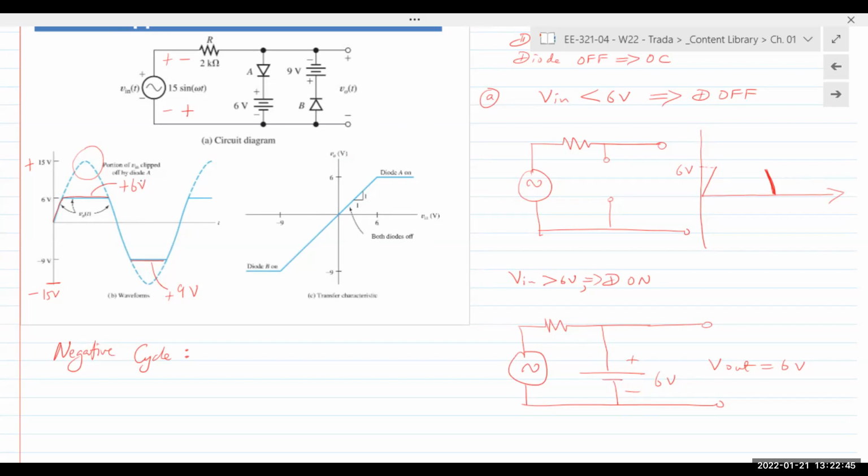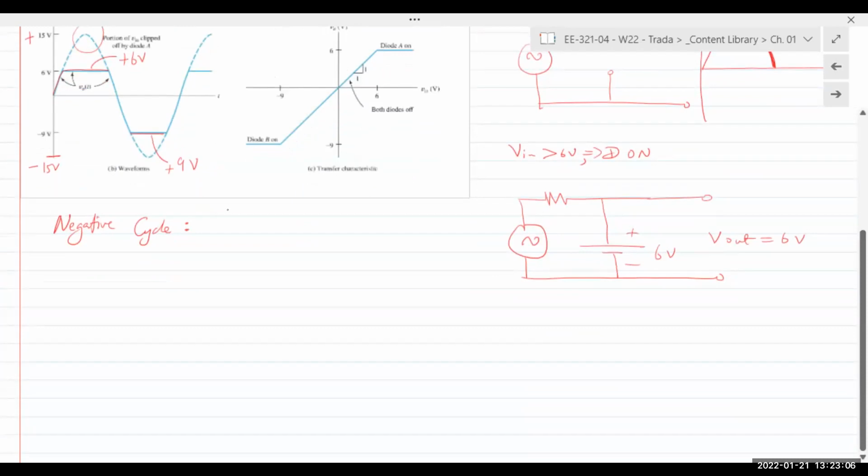And it clips. If you remove the battery, if the battery goes away, and these diodes are real diodes, what do you get? If you remove the batteries, meaning there is no battery whatsoever, negative half cycle, it's diode. Let me finish writing this.